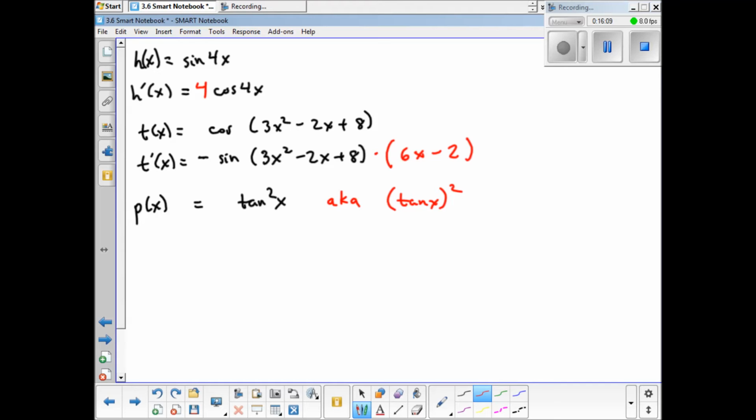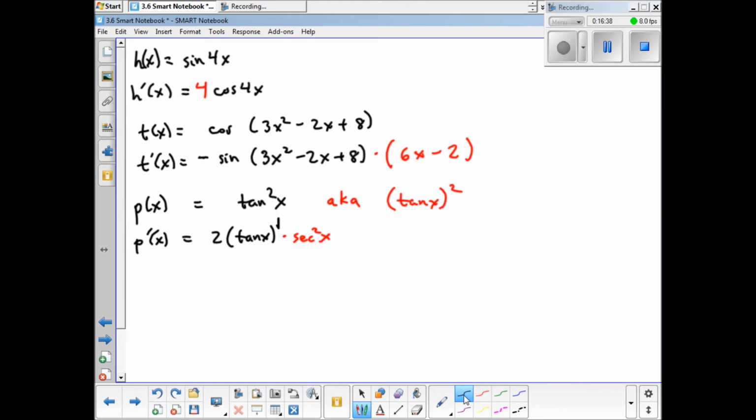So the first thing you would do is bring the 2 down. 2 times, and now it's just tangent x to the first. That's not a derivative, that's the first power. Times, now we've got to get the derivative of the inside. The inside is tan, so the derivative of that is secant squared, and that is the answer.